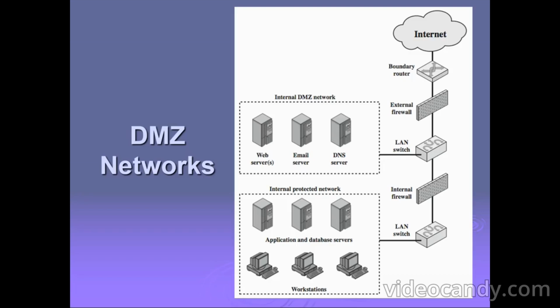The third one is that multiple internal firewalls can be used to protect portions of the internal network from each other. For example, firewalls can be configured so that internal servers are protected from internal workstations and vice versa.